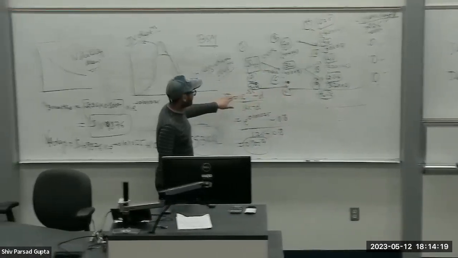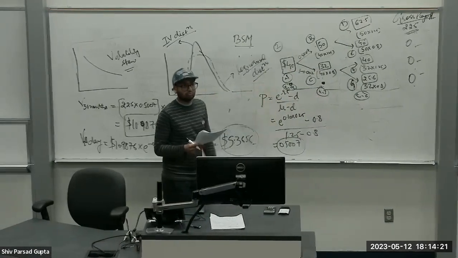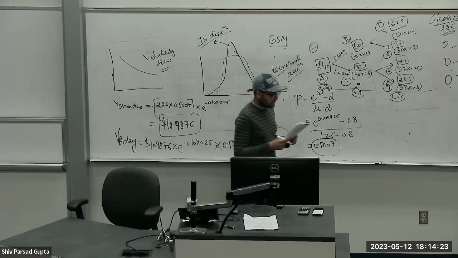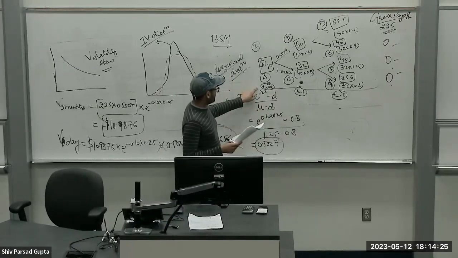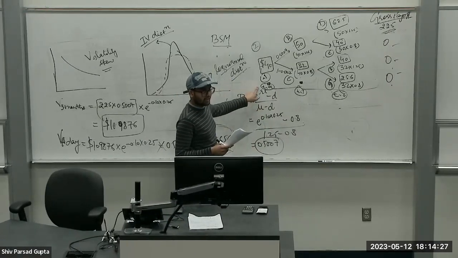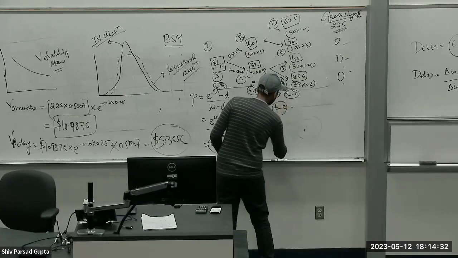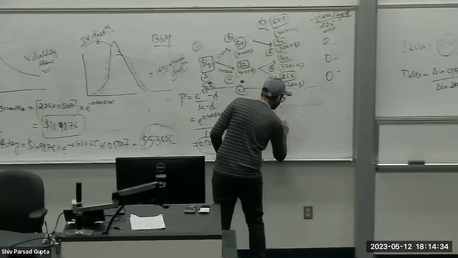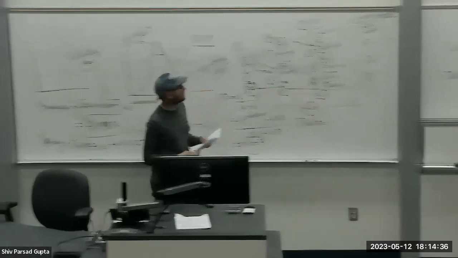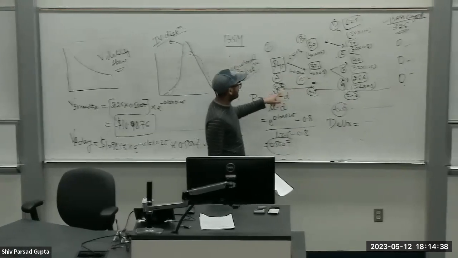Now when t is equal to 0, you will ultimately calculate the value of the delta over here as well. So what will be delta at t is equal to 0? Delta will be the change in the option price over the change in the stock price.